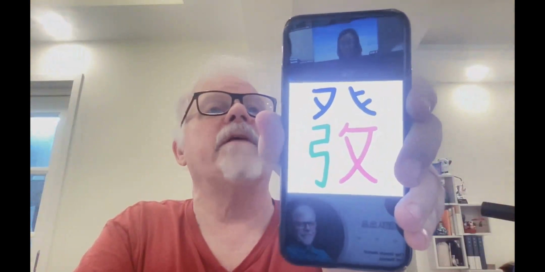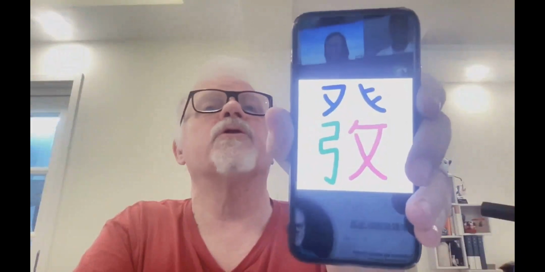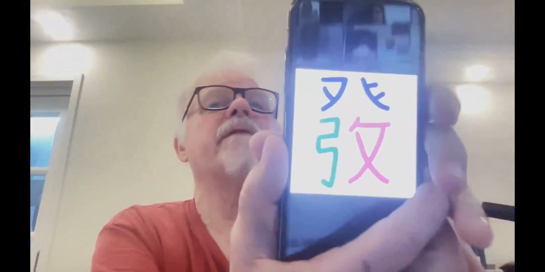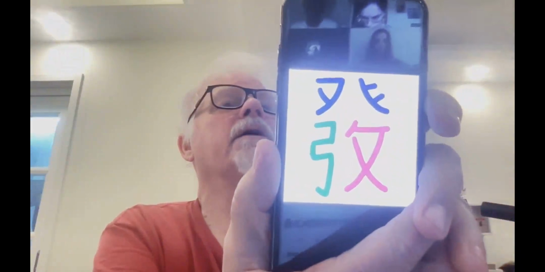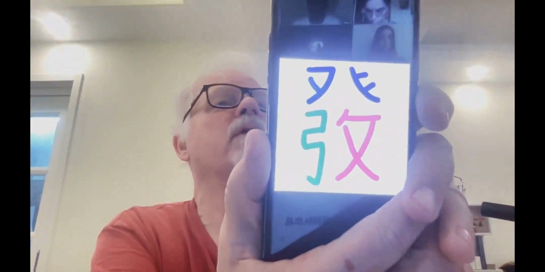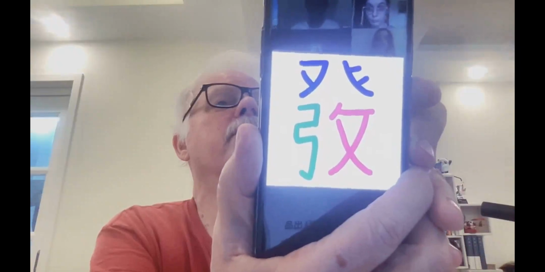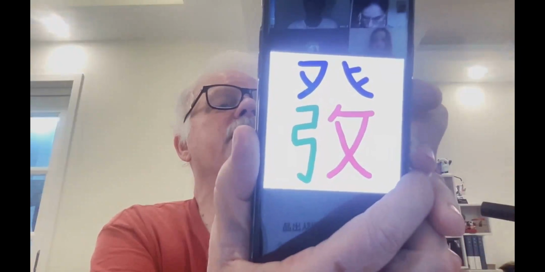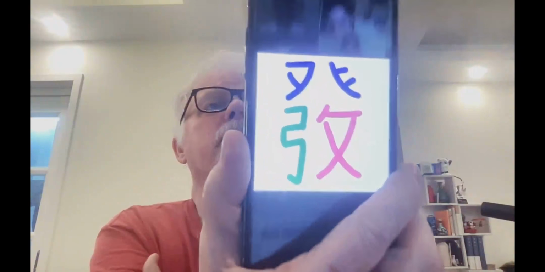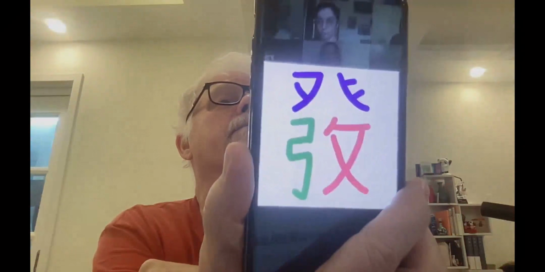We have many variants. We have common traditional characters, but each character can have many variants. And this is a slightly simplified form of the common traditional character. So you can see that you can't see the tool he has in his hand.